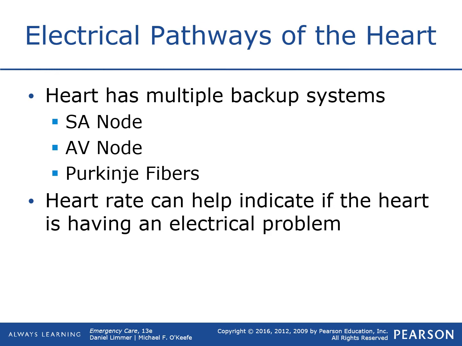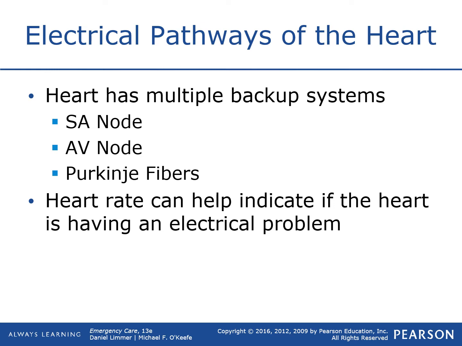Once your AV node sends its impulse, it goes through your bundle of His, goes into your right and left bundle branches, and then circles around your ventricles in your Purkinje fibers. Now, your Purkinje fibers, the last stop of your electrical system, also can take over the firing of your heart. If it's not getting any signal whatsoever from the AV node, it will start to fire itself.